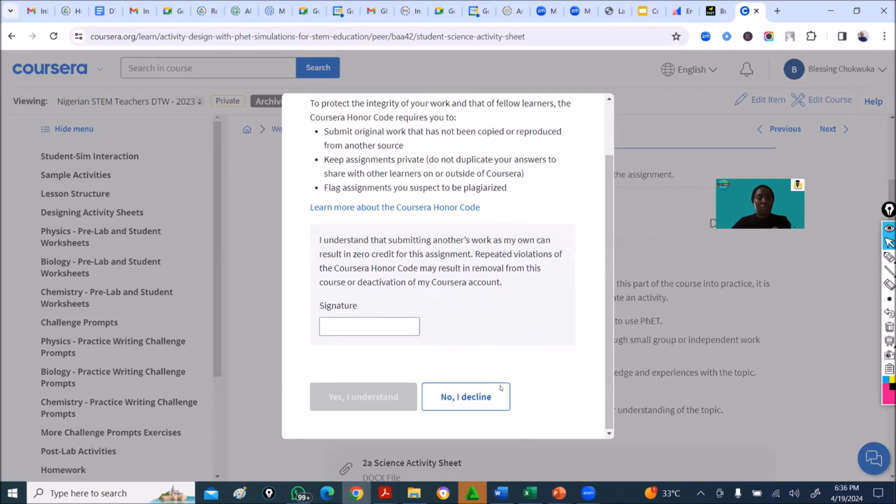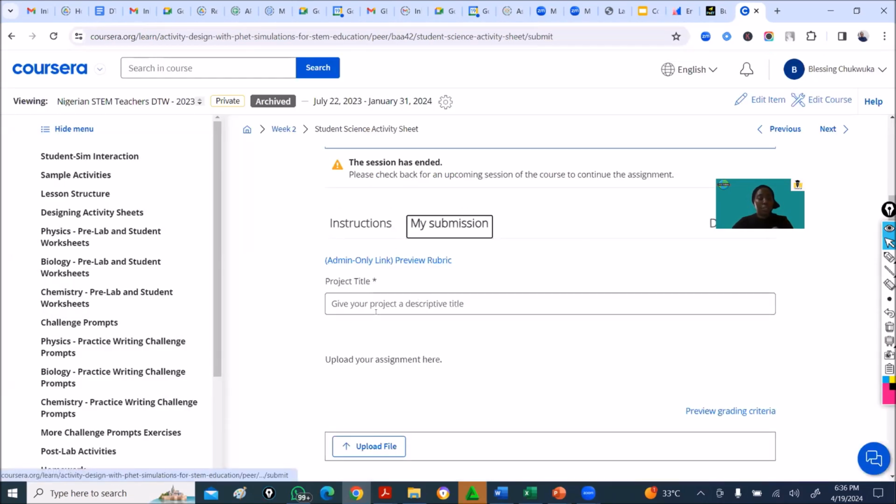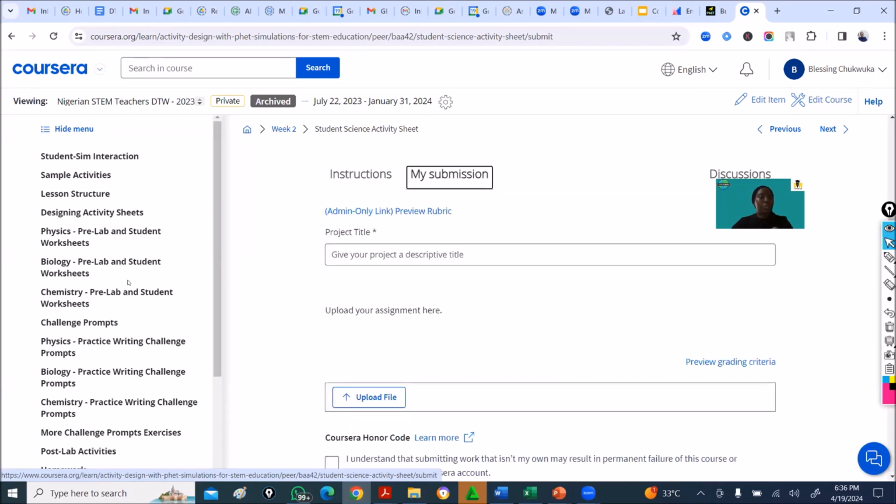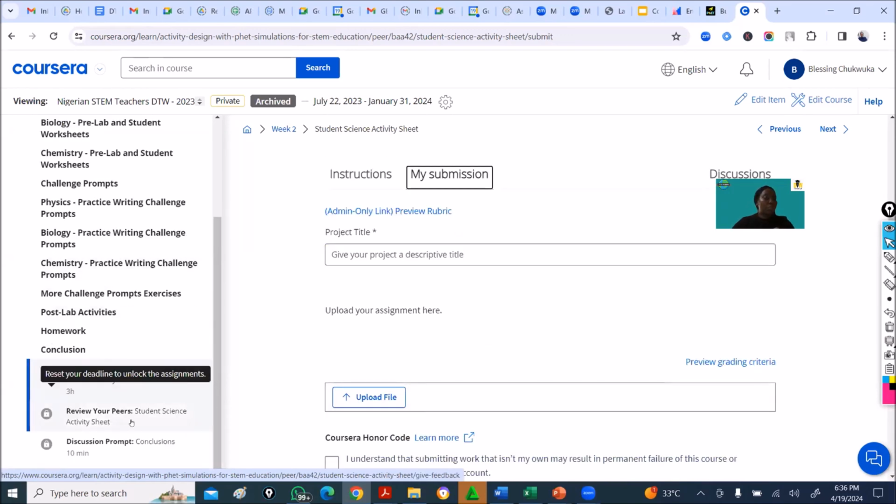After submission, you put your name and the title of your activity sheet, you upload your file, click here and submit. After submission, you still have something to do, which is to review.